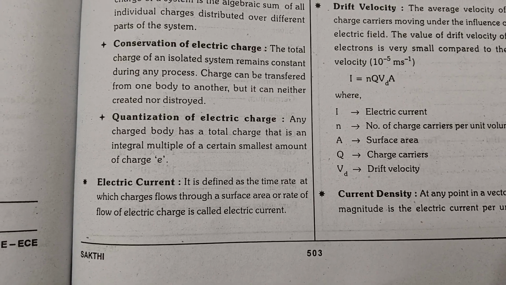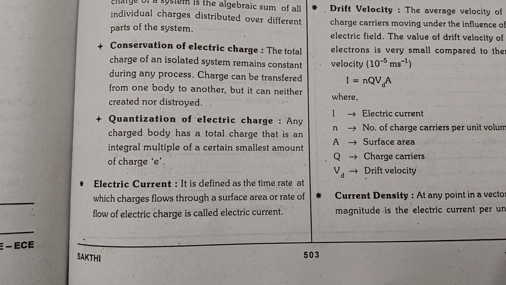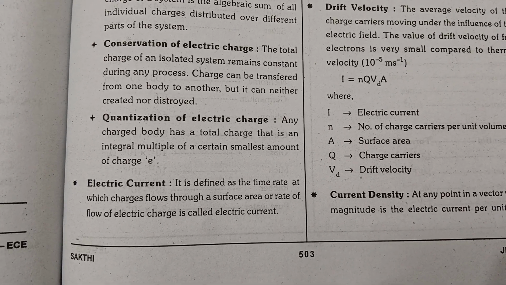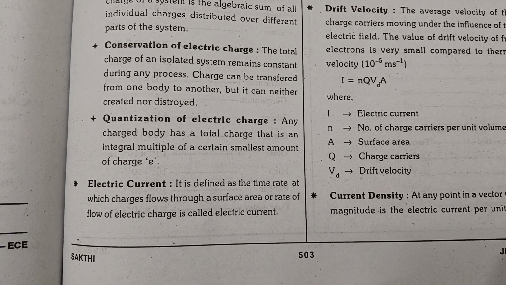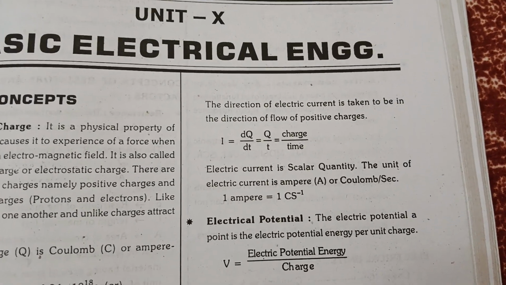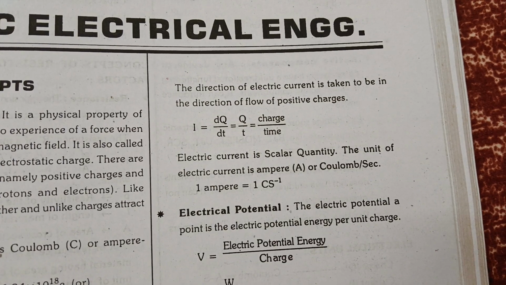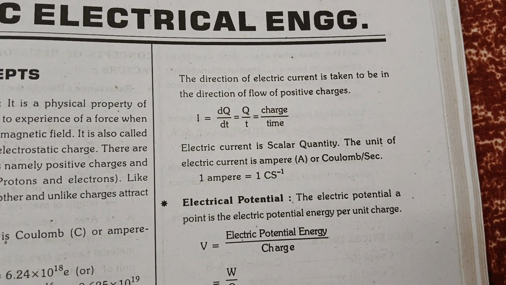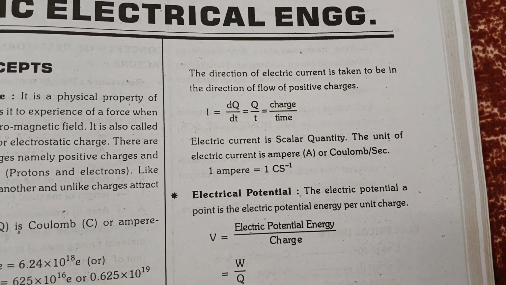Electric current. It is defined as the time rate at which charge flows through a surface area, or the rate of flow of electric charge is called electric current. The direction of electric current is taken to be in the direction of flow of positive charge. I equals dq by dt, that equals q by t, that is charge by time.